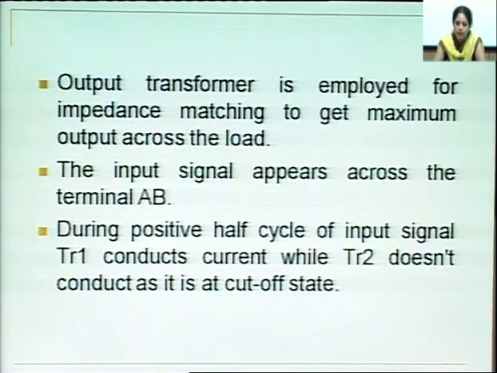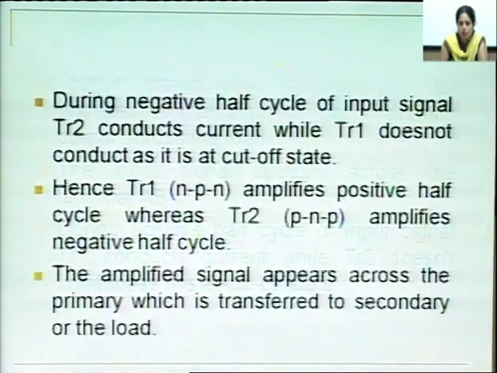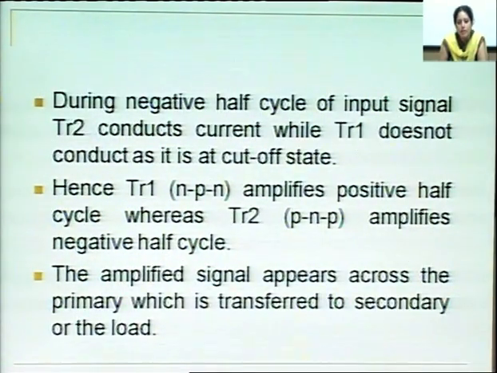The input signal appears across the terminals AB, and similar to the push-pull amplifier, during the positive half cycle of the input signal, transistor T1 conducts current while transistor TR2 doesn't conduct, that is, it is in the cutoff state. During the negative half cycle of the input signal, it is vice versa: transistor T2 conducts current while transistor T1 doesn't conduct, as it is in the cutoff state.